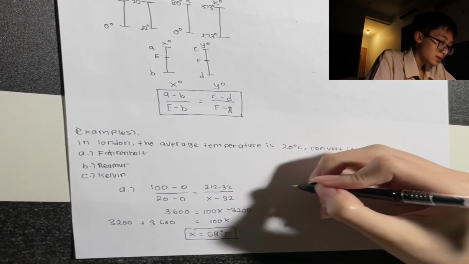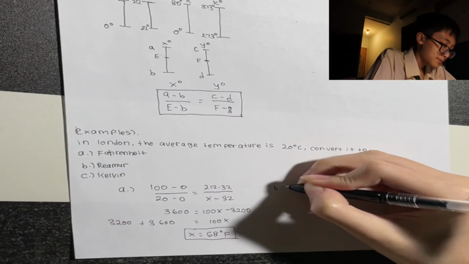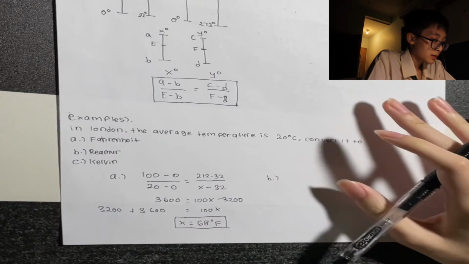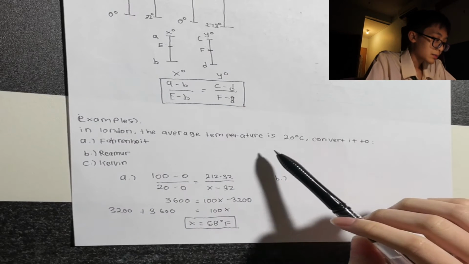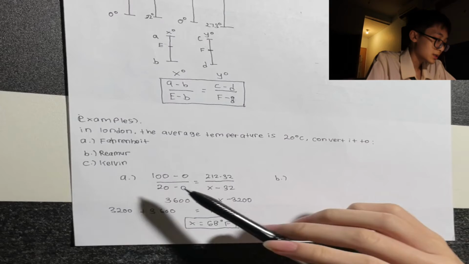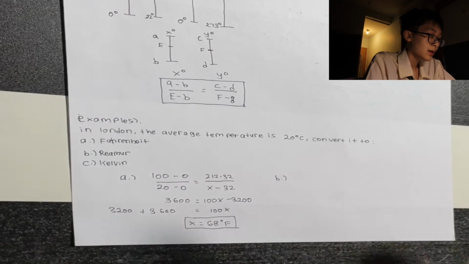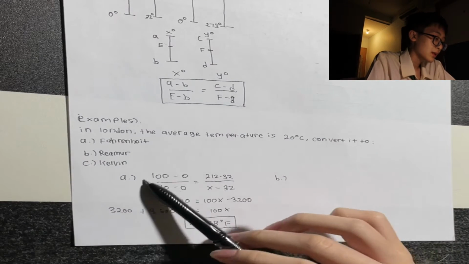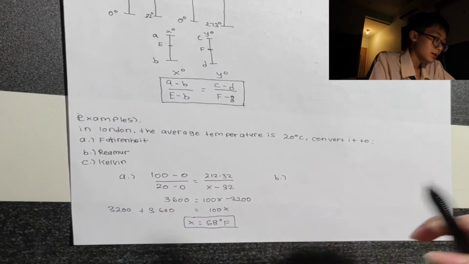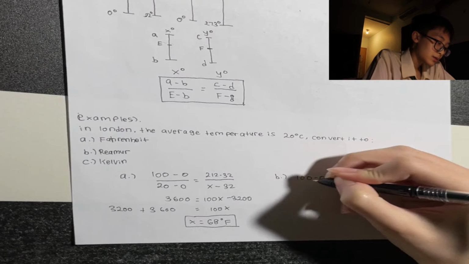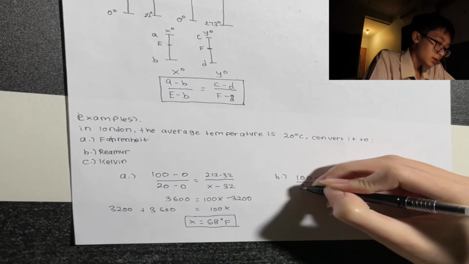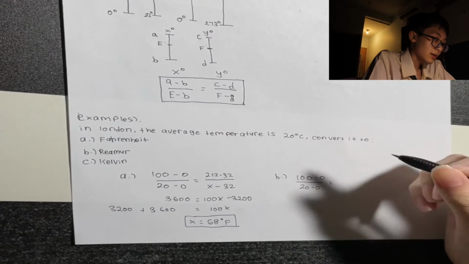Okay, let's move on to B. Since we know the temperature is Celsius, let's just use Celsius because we already know this equation. We can use it again. So 100 minus 0, 20 minus 0. Let's look at the Reaumur.